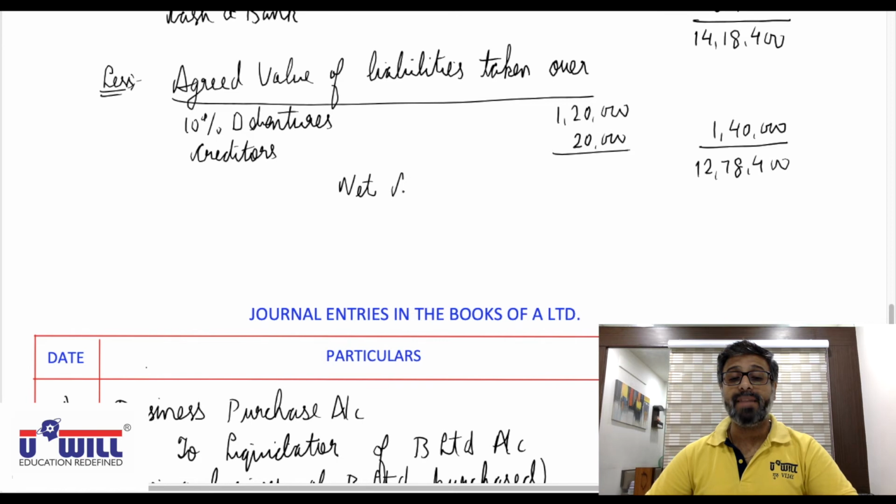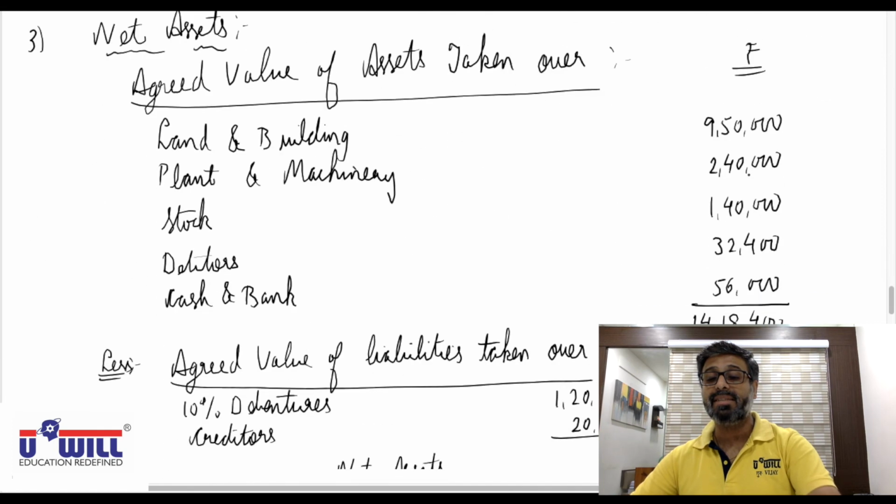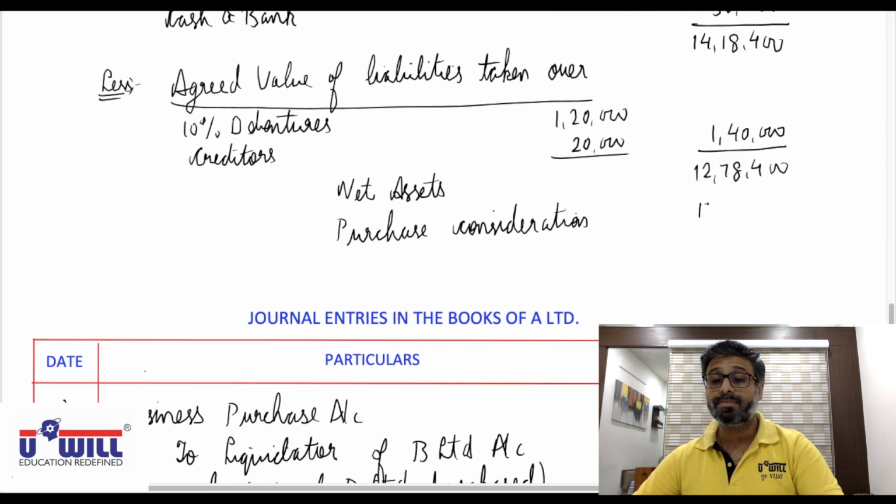Now we have to find difference between which two things? Net assets and purchase consideration. What is the purchase consideration we are paying here? See in the previous working, 17,40,000.